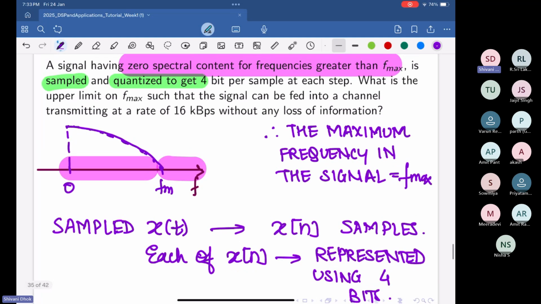What is the upper limit on f max? What it asks is, what is the upper limit on f max such that the signal can be fed into a channel transmitting at a rate of 16 kilobits per second.